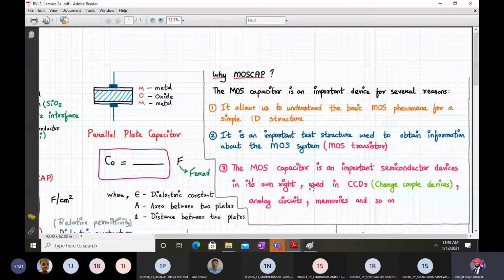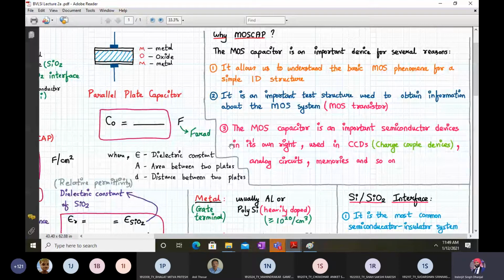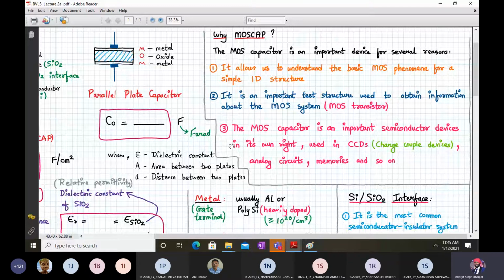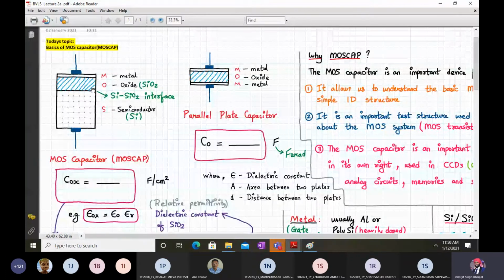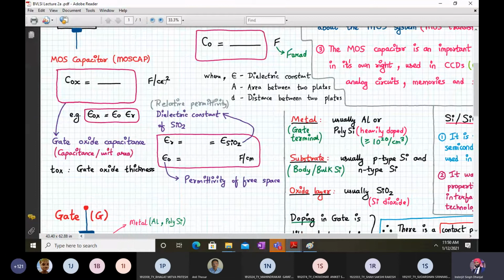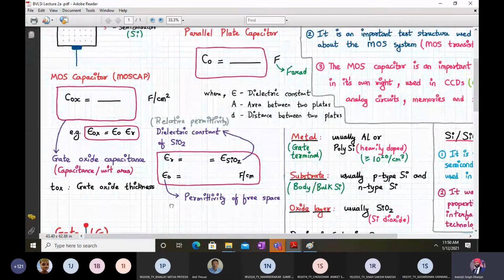Now, I have talked about this silicon dioxide interface, remember? So I've talked about this particular interface line over here. It's my silicon dioxide interface. Does it have any significance? Yes. Now, here I've written 2 points. It is the most common semiconductor insulator system used in MOS devices.